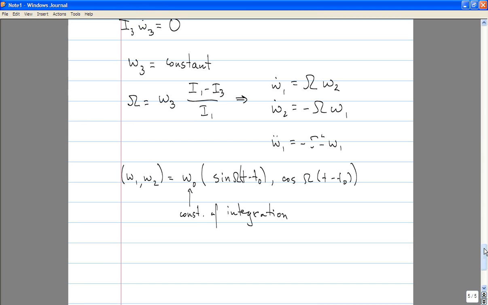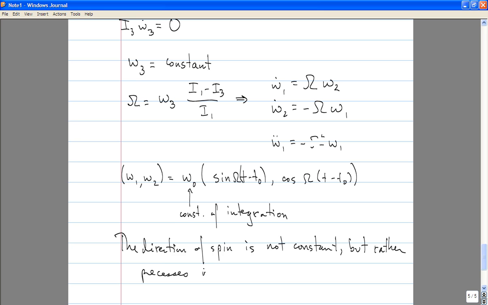So the direction of spin is not constant, but rather precesses around the axis of symmetry.